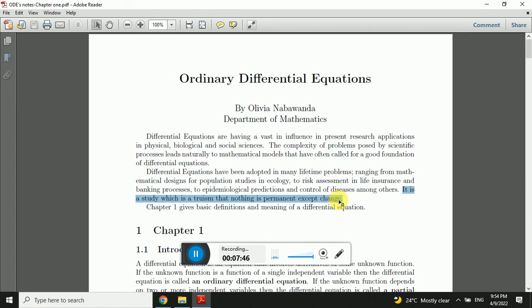So differential equations tell us that change is a fact of life, just like you studied in your CRE. Everything that we have in life is subject to change, so we want to study that amount of change. By how much is something changing? By how much is the population changing? By how much is the disease multiplying?